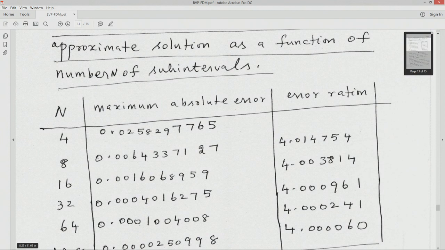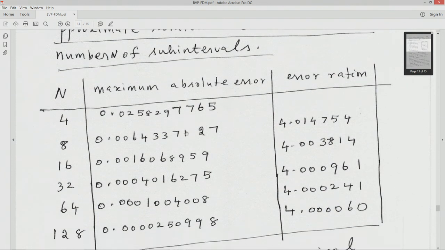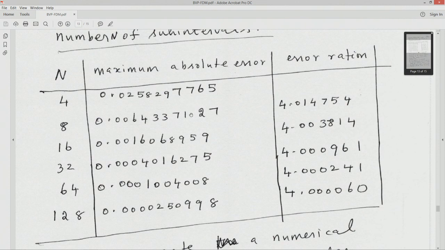So, I would like to now see what is the maximum absolute error and the corresponding error ratio. Namely, when I take 8 subintervals, this is the maximum absolute error, and when I take 4 subintervals, this is the maximum absolute error. So, what is the ratio of this to this? And I would like to compute the error ratios by doubling the number of subintervals each time.